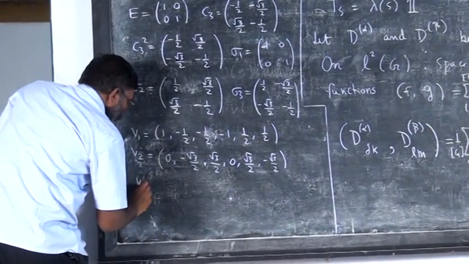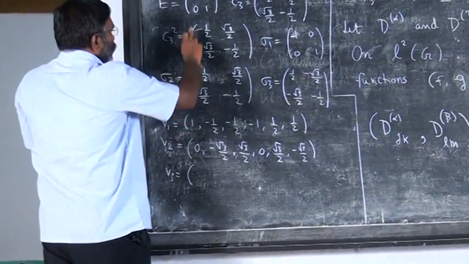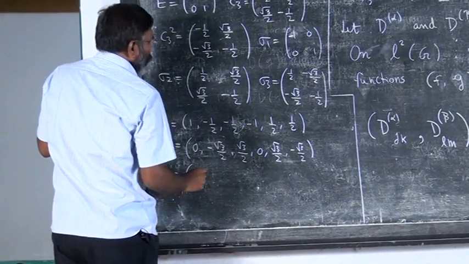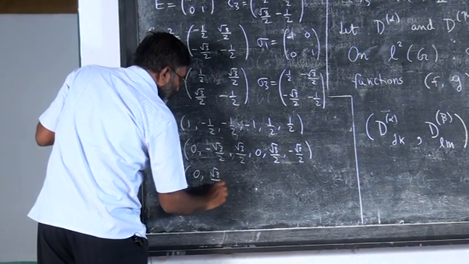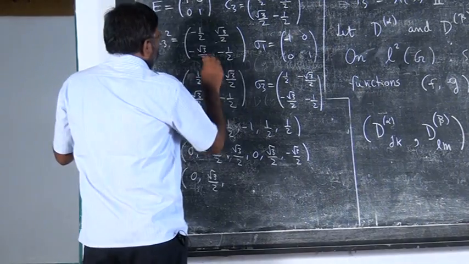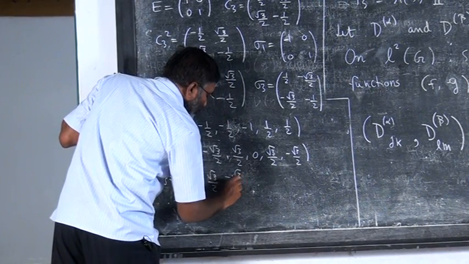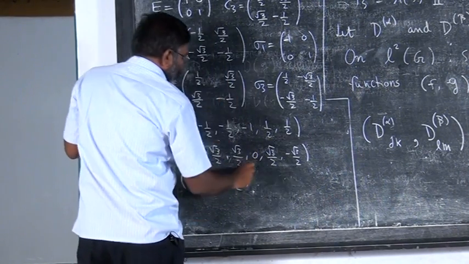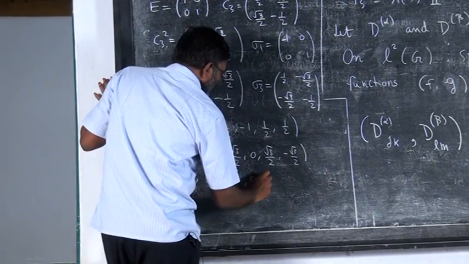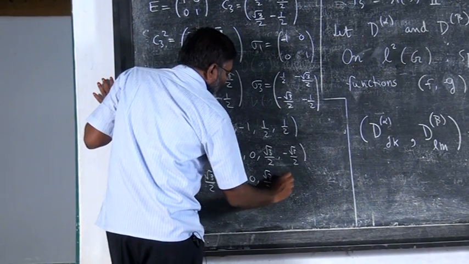Then V3, the 2 1 elements: 0, root 3 by 2, minus root 3 by 2, 0, root 3 by 2, minus root 3 by 2.